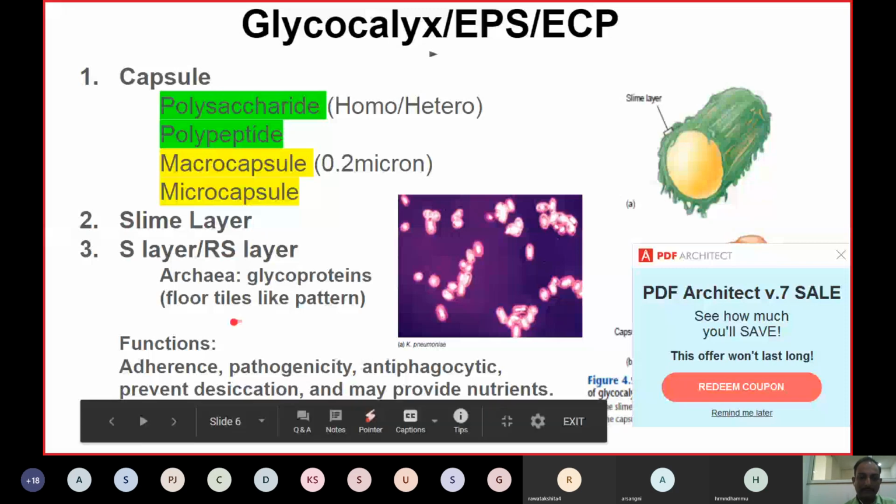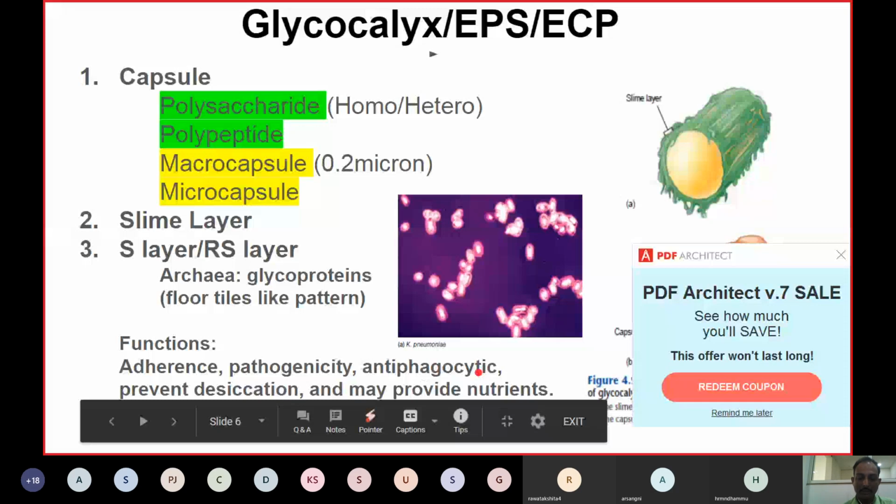The function of the capsule is basically binding or adherence to the surface or the substrate. It also gives pathogenicity, meaning disease-causing ability, to the bacteria. It has a medical significance. It also provides anti-phagocytic property. What does it mean?